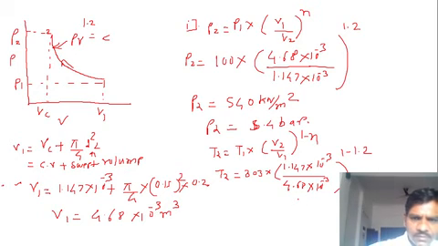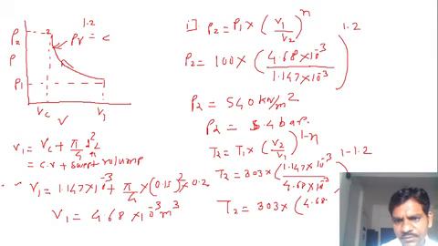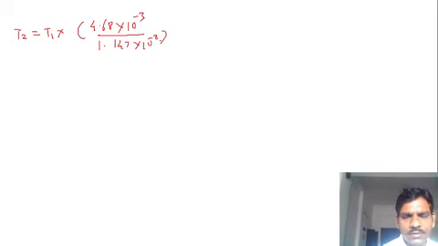So after rearranging, see here, T2 is equal to T1 into 4.68 into 10 to the power minus 3 divided by 1.147 into 10 to the power minus 3, bracket, to the power N minus 1, so it is 1.2 minus 1.